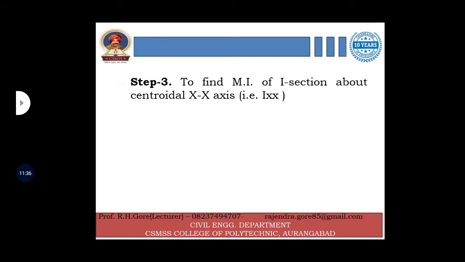Step number 3, to find the moment of inertia about x-axis.